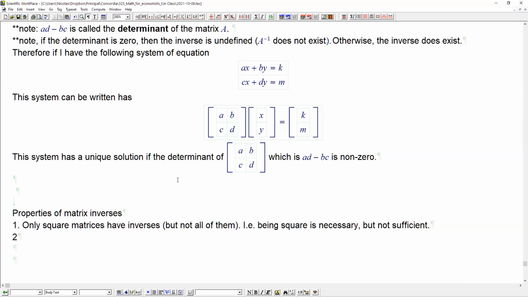Two, a matrix that has an inverse is called non-singular.